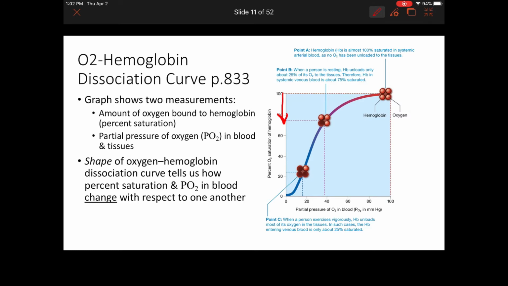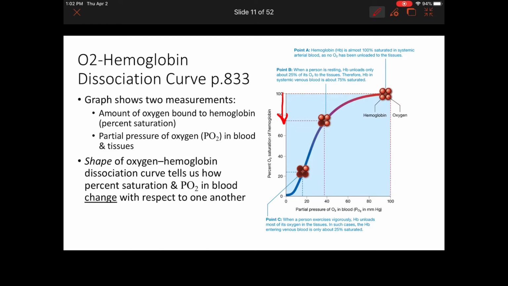So when you think about it, there is still quite a bit of saturated hemoglobin even in venous blood. All right, so that might not sound too significant. However, what is dramatic is that this occurs at resting levels of activity.